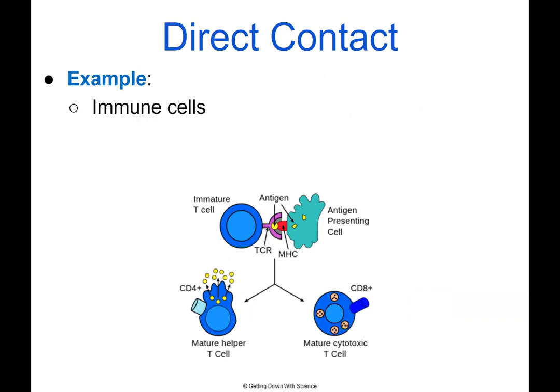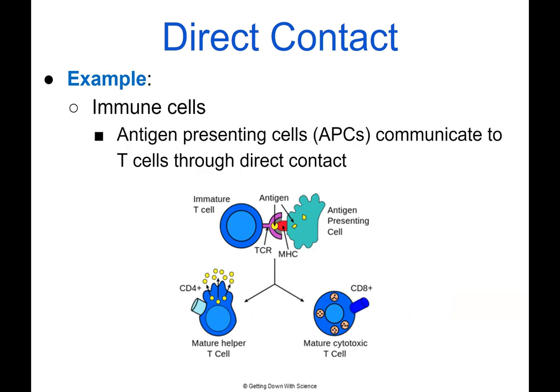So for an example, when we're talking about immune cells, the antigen presenting cells will communicate with the T cells. Here the blue is our immature T cell, and this green blobby thing is our antigen presenting cell.